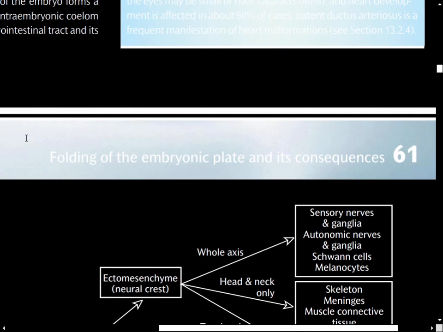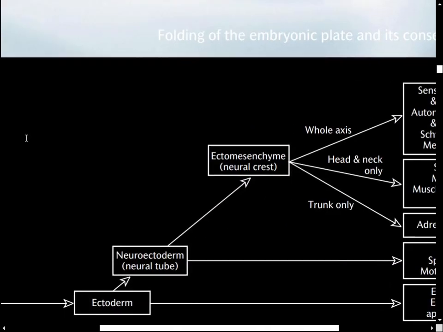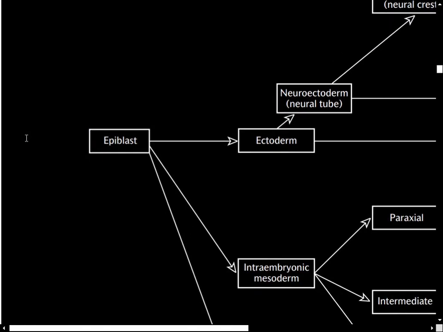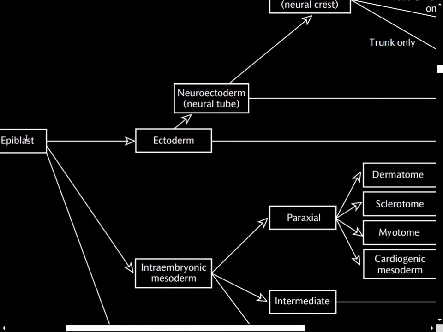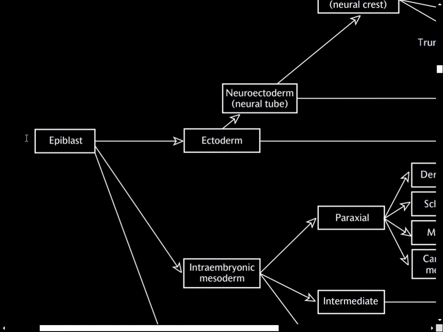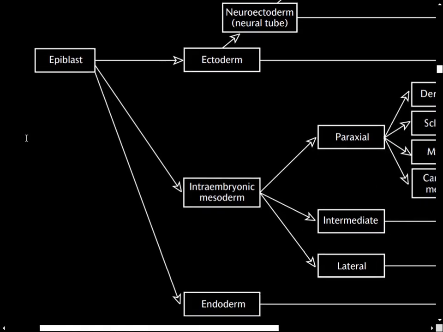Folding of the embryonic plate and its consequences. Epiblast, ectoderm, intraembryonic mesoderm, endoderm. Neuroectoderm, neural tube; paraxial, intermediate, lateral.